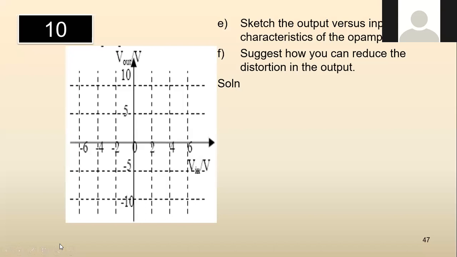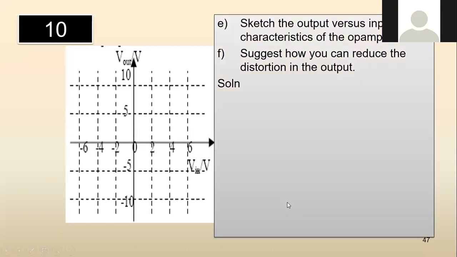Sketch the output versus input characteristic. Here we want output against input. Remember our supply voltage is 10, so it becomes saturated at 10. We want to know the input voltage at which it becomes saturated.